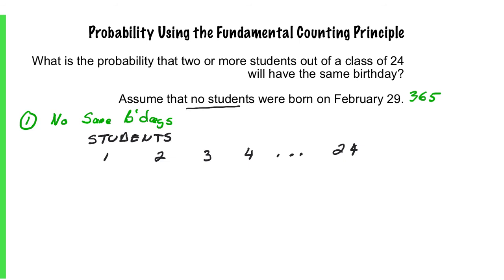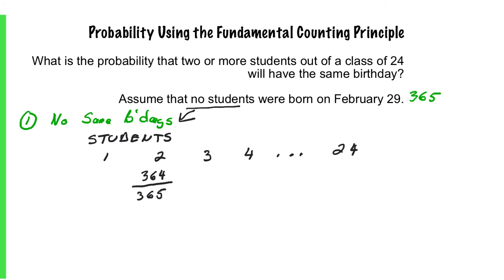No students, same birthday. So, looking at the second student would have 364 days of the year without the same birthday as the first student. So I'm just comparing the first two students in the class. So again, the second student would have 364 days without the same birthday.